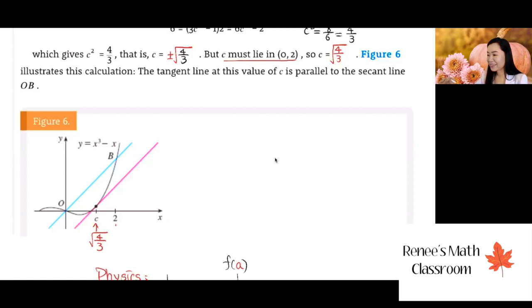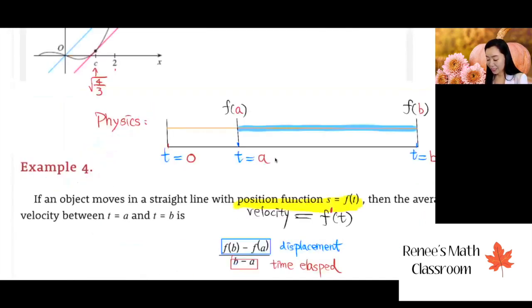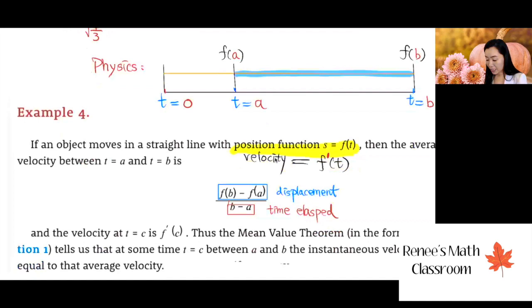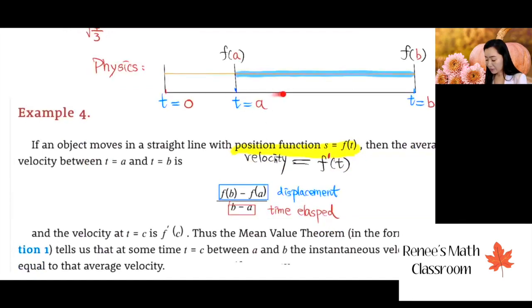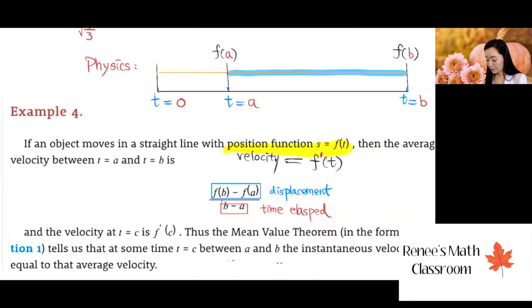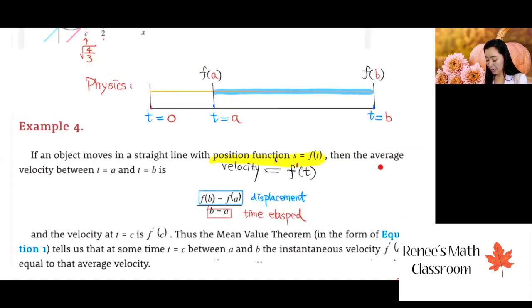All right. Great. Thank you. Now let's think about physics. If an object is moving in a straight line with position function f(t), then the average velocity between a and b is the displacement divided by the time elapsed. The displacement, the change in position, is f(b) minus f(a), divided by the time elapsed, which is b minus a.